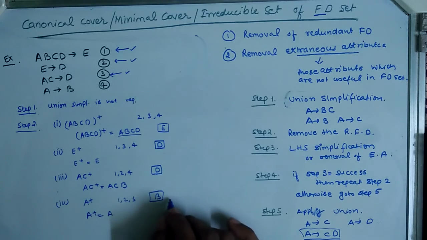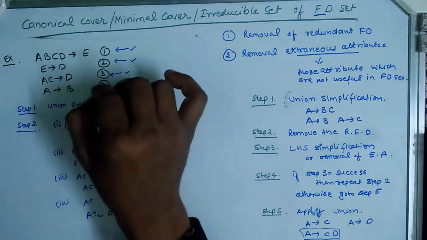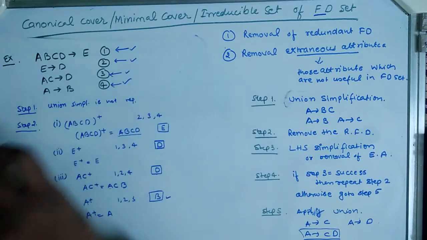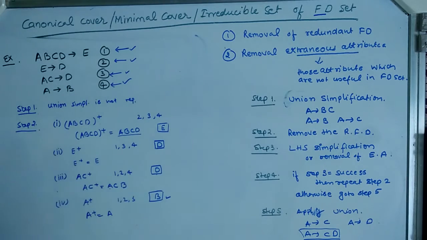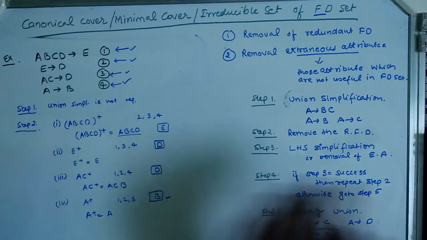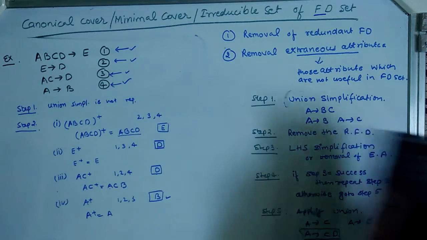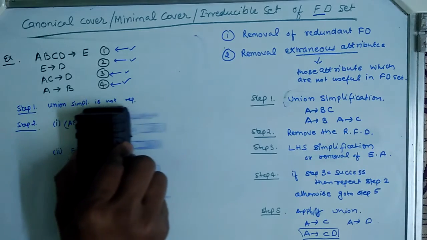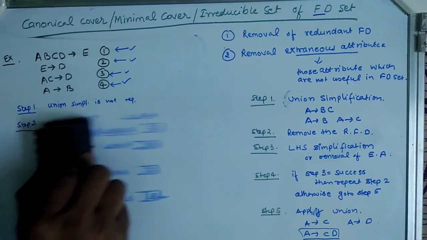So it will not lead to B. So this is also a unique functional dependency. So in the second step all functional dependencies are unique. That's why go to step 3. So I remove this step now and just jump to step 3.